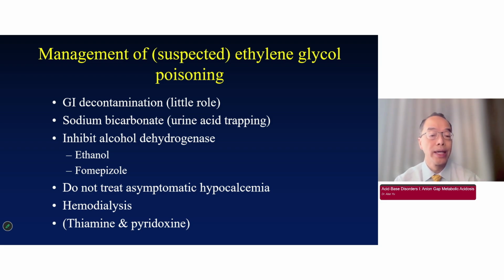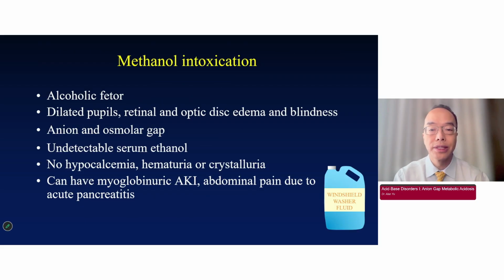And that is why being able to interpret the acid-base picture, calculate the anion gap, and calculate the osmolar gap can help you start this immediately in the ER and not wait a long time for the assay for ethylene glycol, which in some hospitals can take a few hours. In others, it doesn't come back for several days, and clearly that's unacceptable. And as I mentioned, ethylene glycol is very easily cleared by hemodialysis.